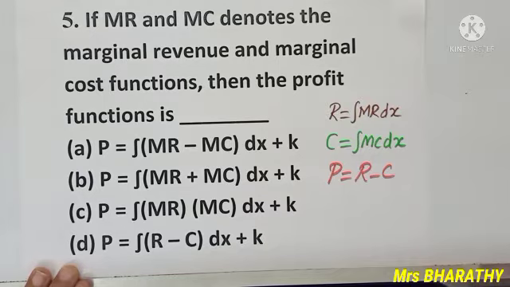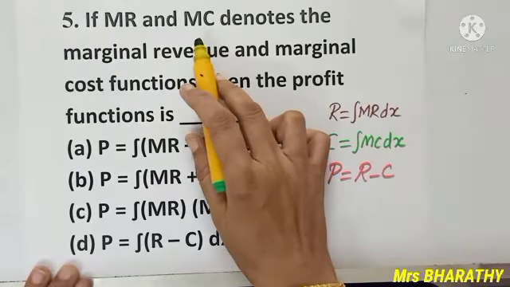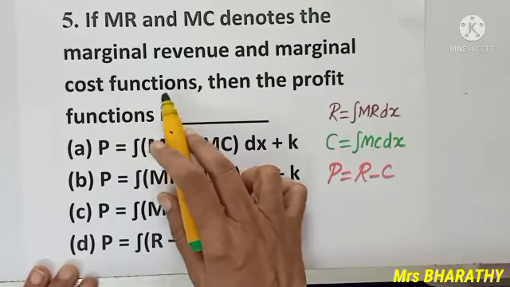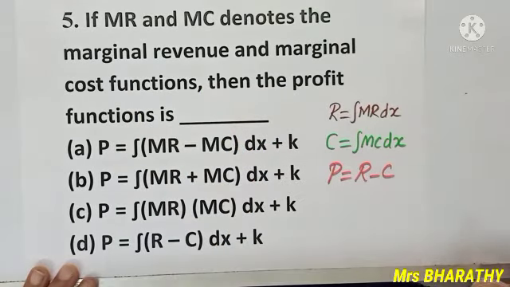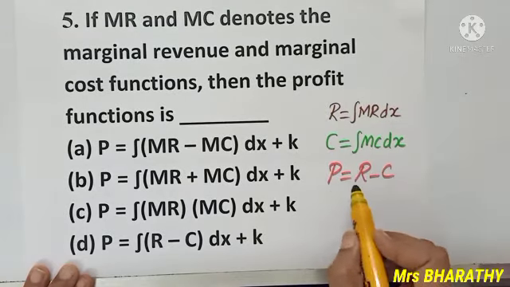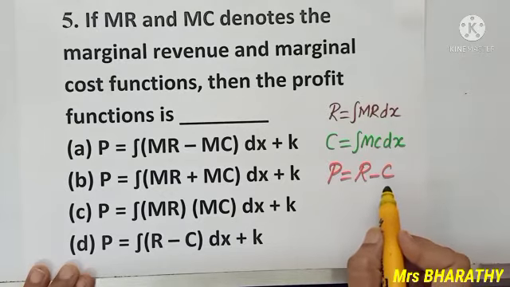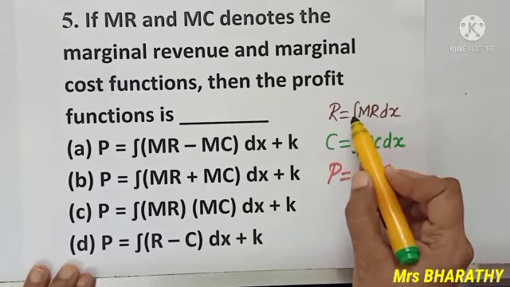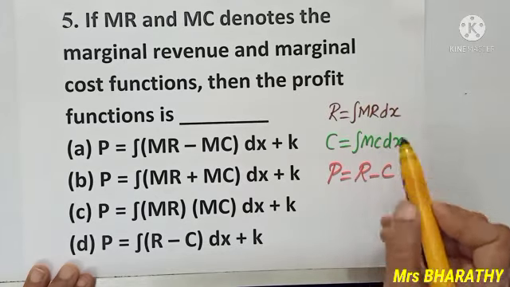Question number 5. If MR and MC denote the marginal revenue and marginal cost functions, then the profit function is, we recall the formula, profit is revenue minus cost. How to find revenue? It is integral marginal revenue dx.